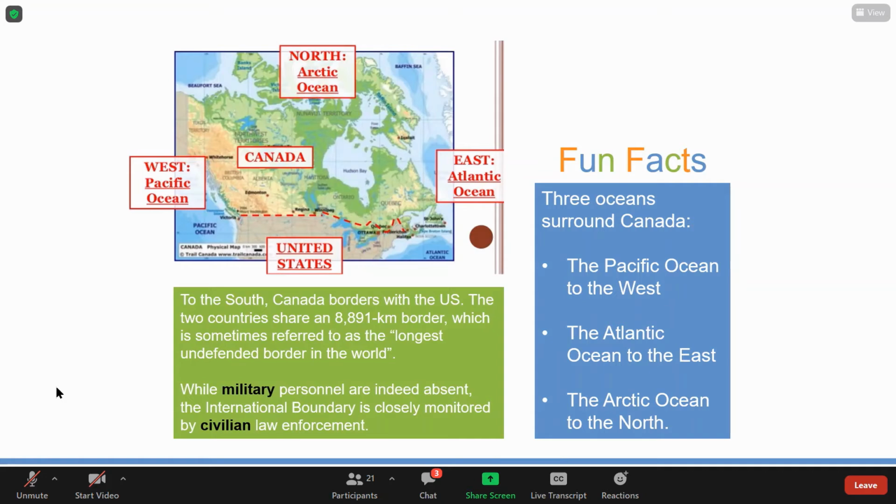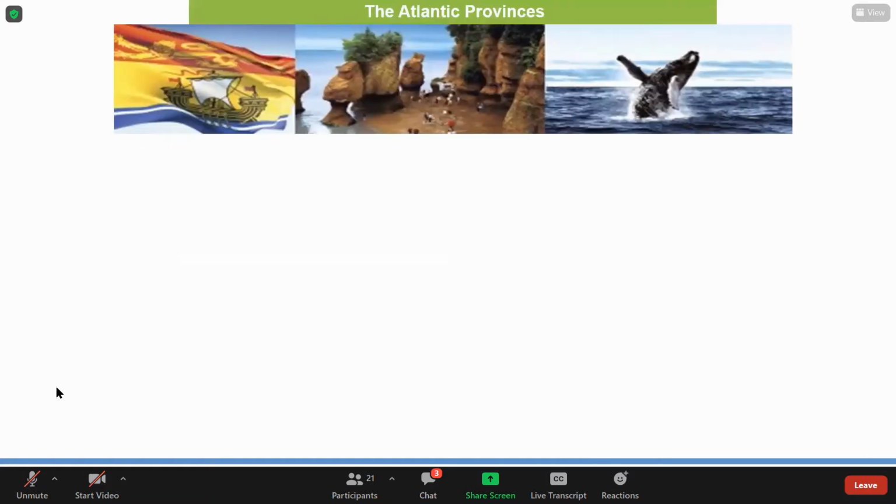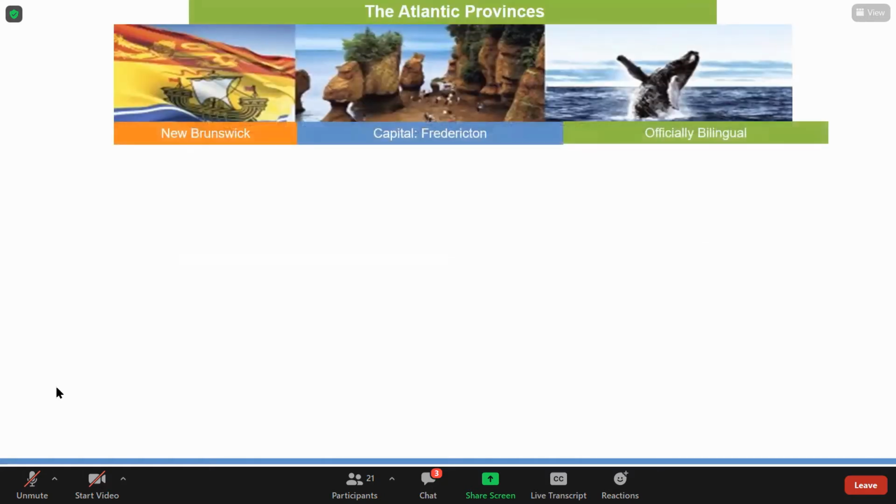It's very safe, but there is always patrolling from the land and from the air, and we have checkpoints as well, but otherwise it's a very safe and independent border. Okay, next. Any questions so far?